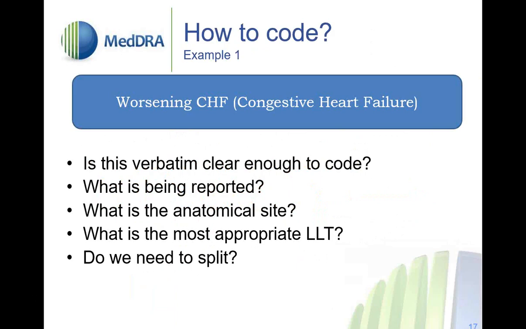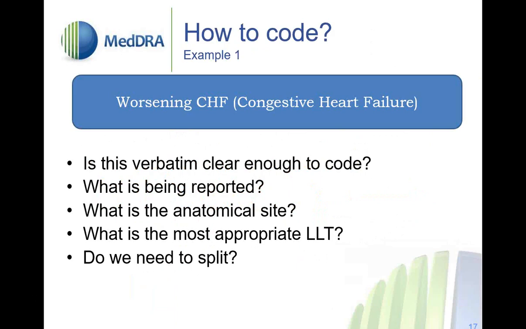As with any coding scenario, before you perform coding, there is a decision tree or questions you ask yourself. Is this clear enough for me to code? I think so, because I have no doubt what CHF stands for; it's clarified in the parentheses. Then you think to yourself, what actually is being reported? What actually is occurring?